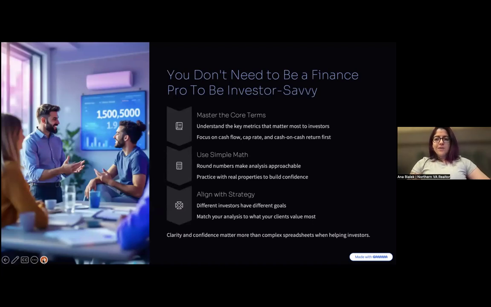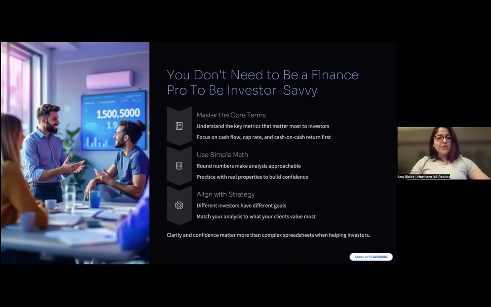All right. So, like I was saying before, you don't need to be a finance pro or have a finance degree to be investor savvy. A lot of these formulas are pretty straightforward, and once you understand them, you almost can do them in your brain or on the back of a napkin. The most important thing I have found in becoming an investor friendly agent, a true investor savvy agent, is to master the core terms, because when you're having these discussions with your clients, especially if they're already seasoned investors, understanding what these metrics mean probably matters more than anything else.